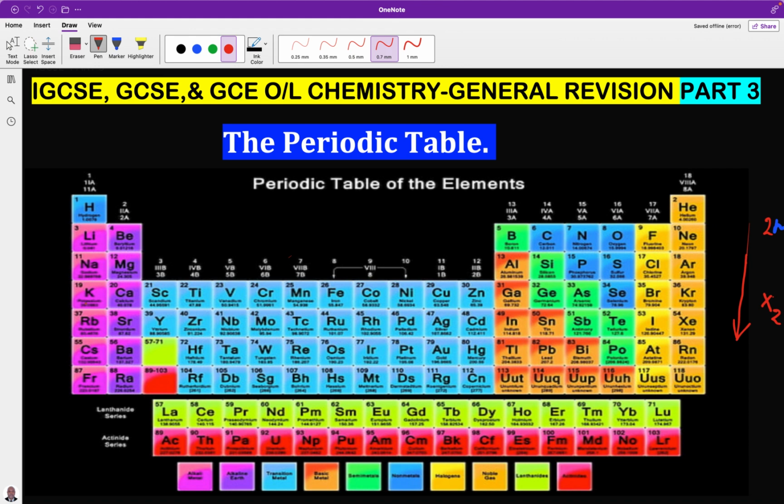In that order, the period number determines the number of shells the elements in that period have. The group number determines the number of valence electrons in elements in that group.